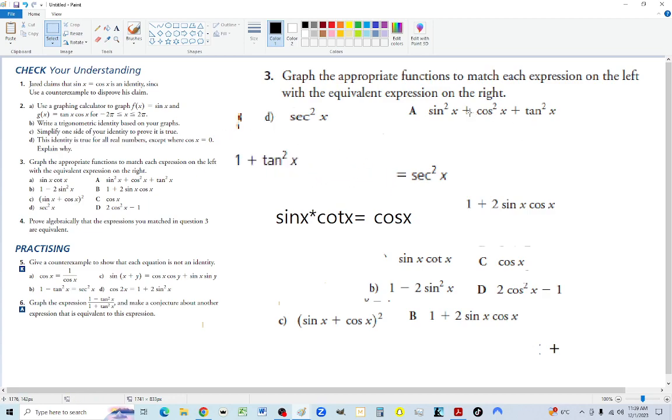But how do I get to sine squared plus cos squared plus tan squared x? Well, we've just established down here that the ultimate truth is that sine squared x plus cos squared x is equal to 1. And there's 1 right there. So that means I can replace 1 wherever I see it. They're kind of getting weird with how they do it. And that is why sine squared x is equal to sine squared x plus cos squared x plus tan squared x. So they're kind of mixing and matching their truths.